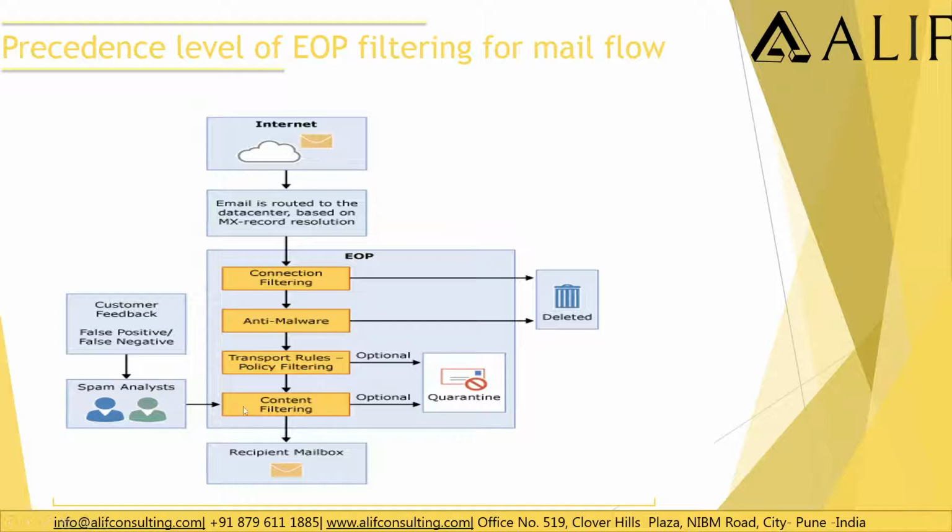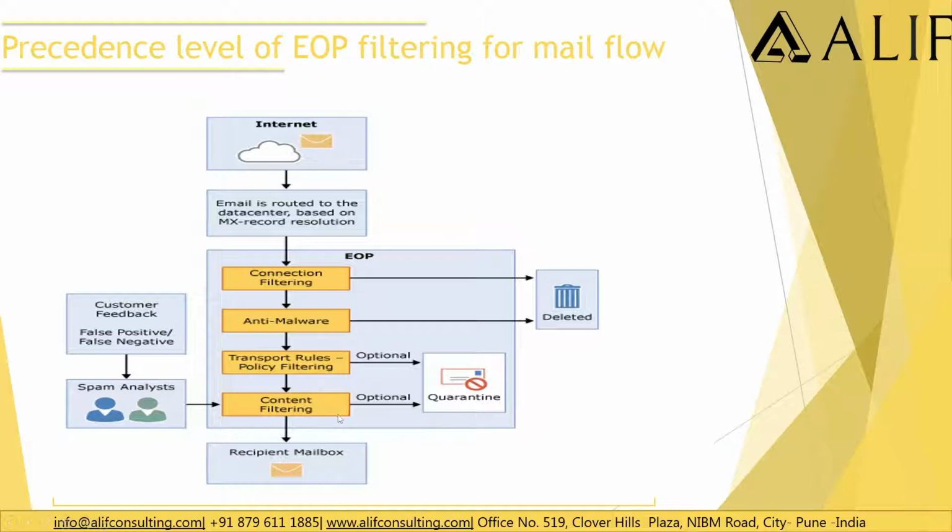Okay, if content filtering thinks these emails can easily be selected and sent as feedback to Microsoft, you can easily get it done from here. But when everything gets checked and passed, EOP would easily deliver the email to the recipient's mailbox.